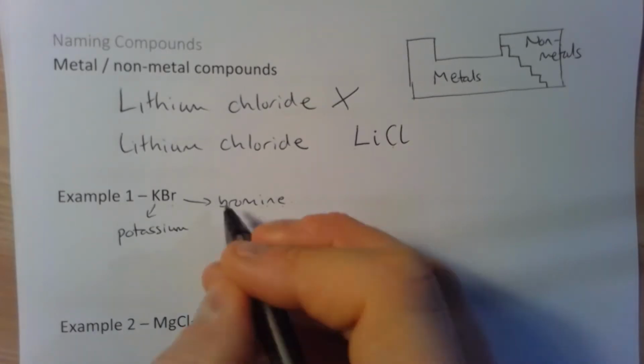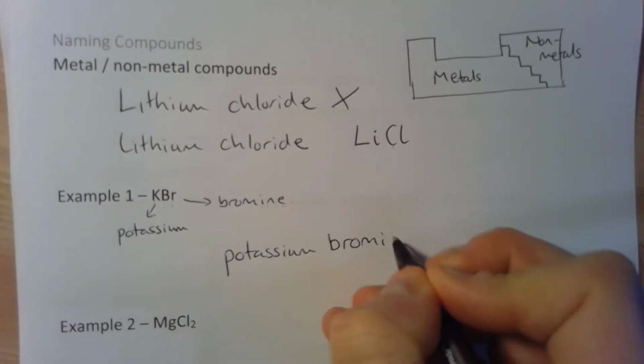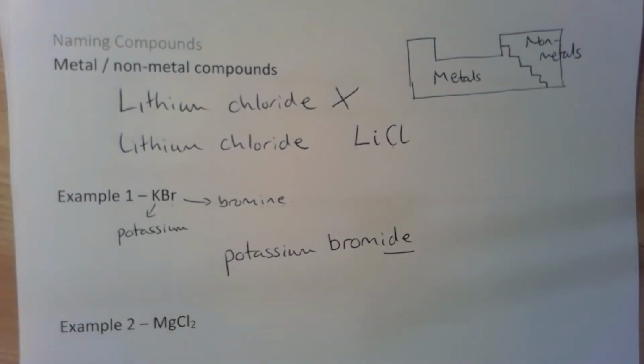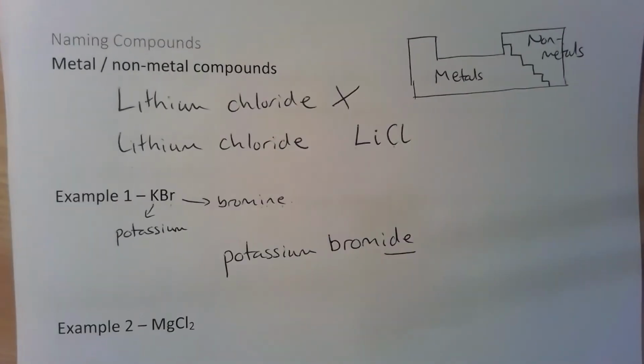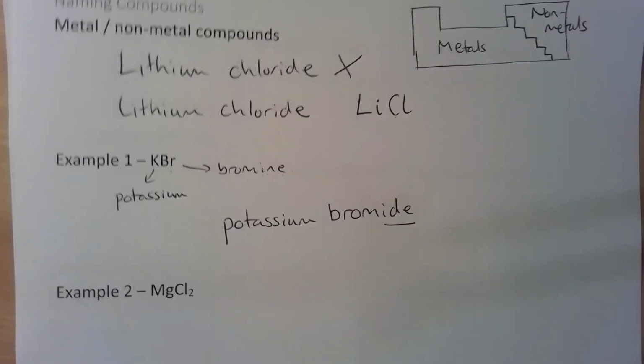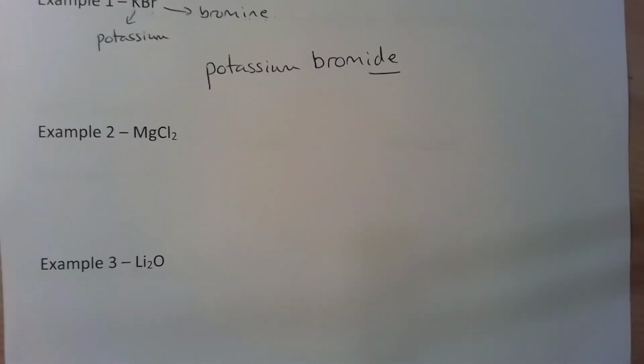So we go from bromine to bromide, and we'll see that with any single example, that we change the name of the non-metal from the ine sound, or the ygen sound at the end of oxygen, to ide.